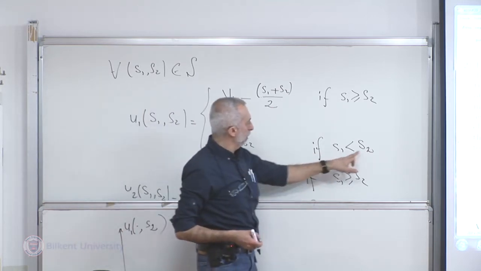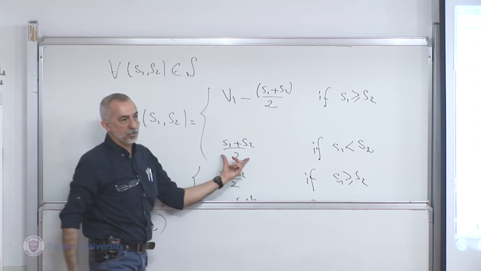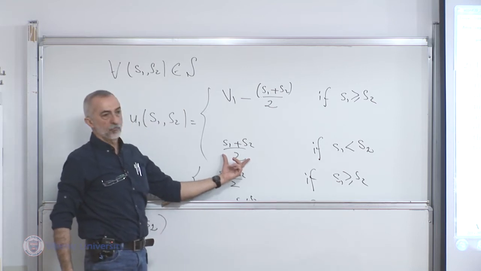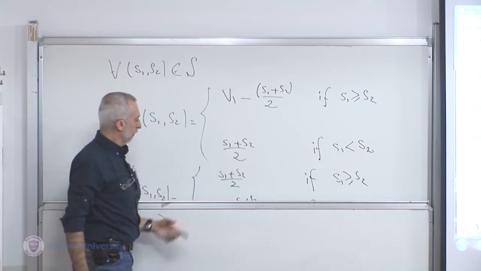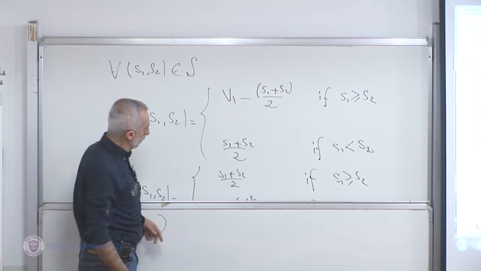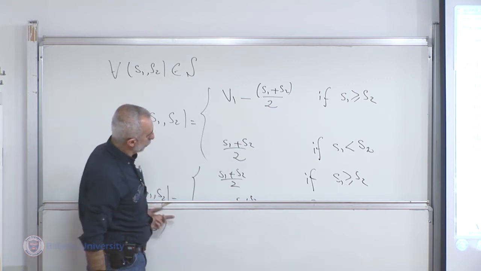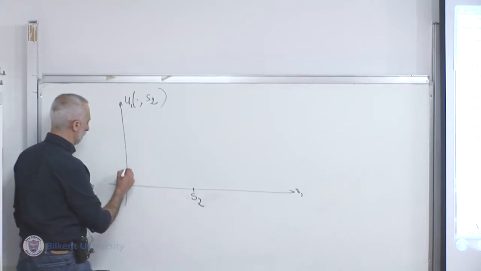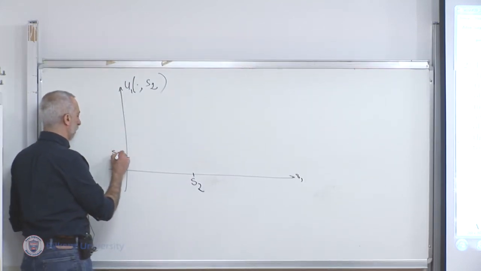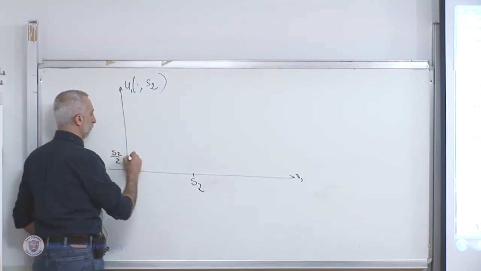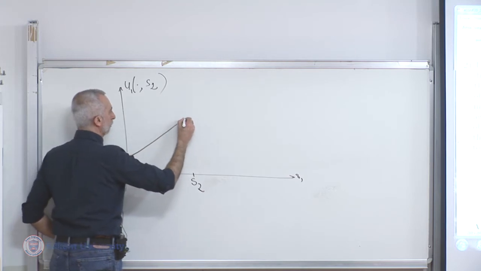So if S1 is less than S2, that's a simple linear function of S1. It's a line with slope 1 over 2. And when S1 is equal to 0, it's S2 over 2. So it starts from here, S2 over 2, and is increasing.